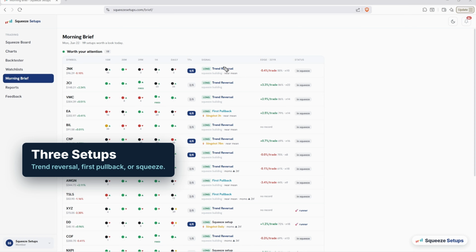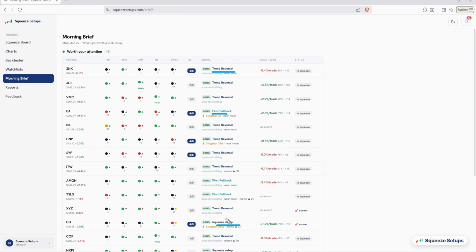So if we take a look at this, you'll notice one of those three different combinations. So we have trend reversals, we have first pullbacks, and we have squeeze setups. So that gives us our bias, that gives us our reason, some setup that is giving us a reason to want to naturally be long, anchored on a higher time frame.